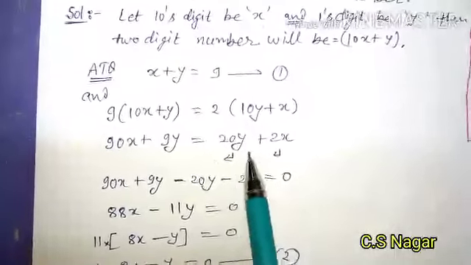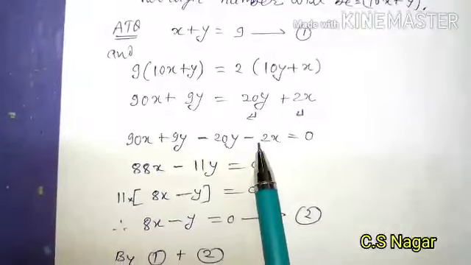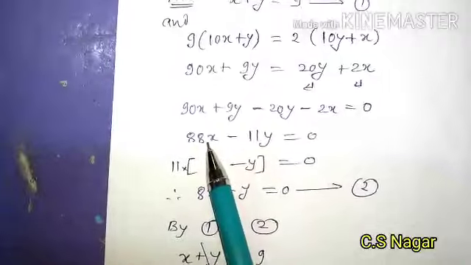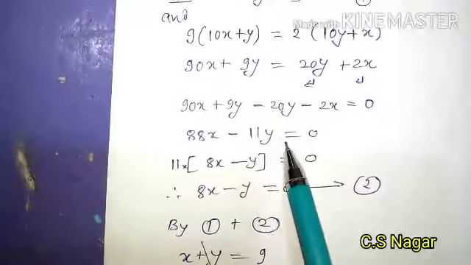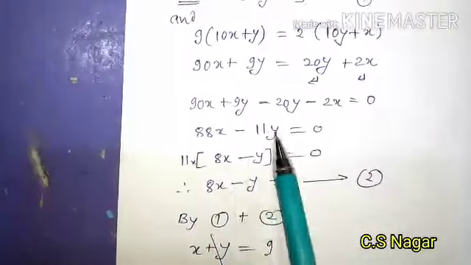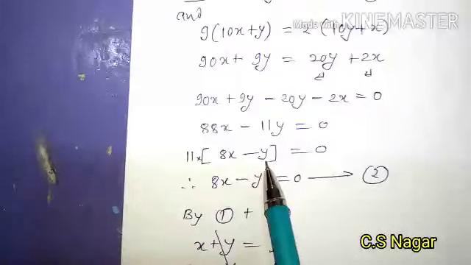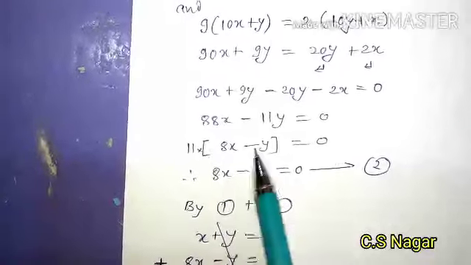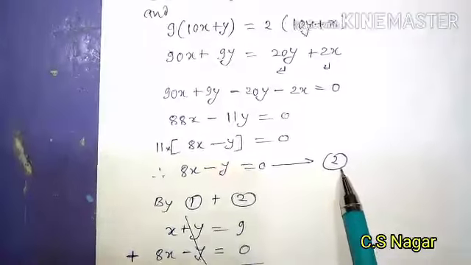Now transfer all the variables to the left side, so 20y and 2x transfer to the left side, so it will be minus 20y and minus 2x. 90 minus 2 means 88x, and 20 minus 9 means minus 11y, equal to 0. Here 11 is common, so divide by 11, so only 8x minus y equal to 0. Equation number 2.